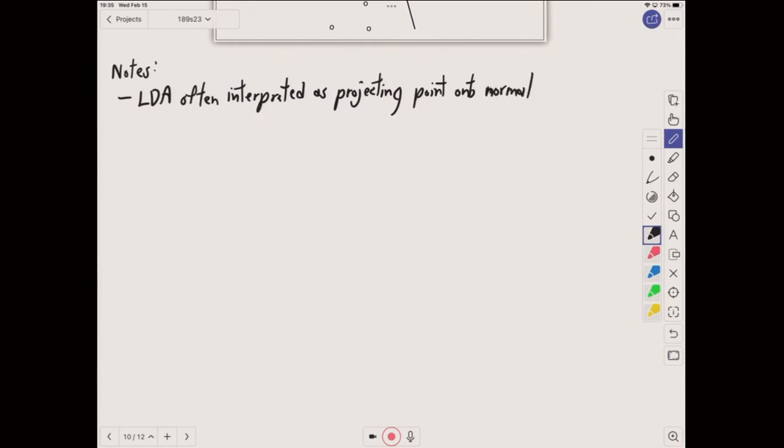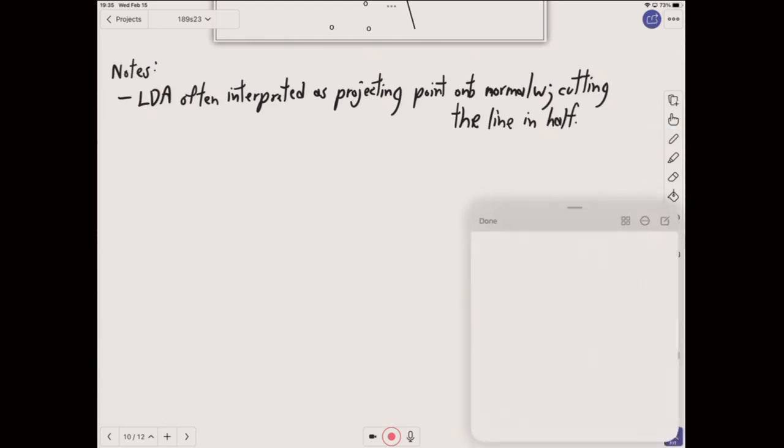So think of the normal vector as being a line. Take all the points, project onto that line, and then cut the line in half at the decision boundary.